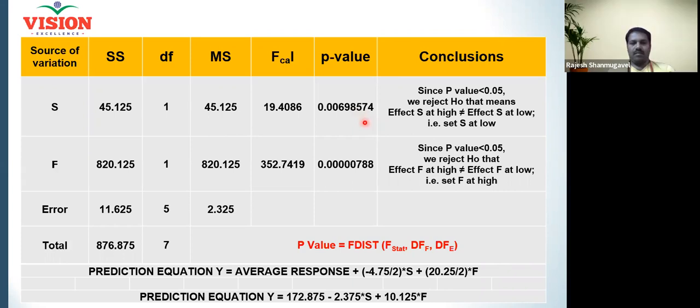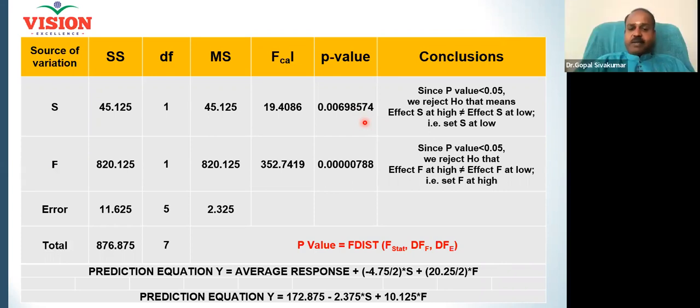Can you repeat once again, sir? Just calculate. I just want you to use this formula. That's all to get the p-value. Go to the Excel file, go to any cell, type equal to first. Type equal to and type the 5 letters, open the bracket, type the F score. In this case, it is 19.4086.